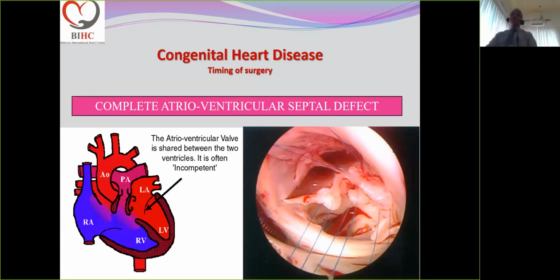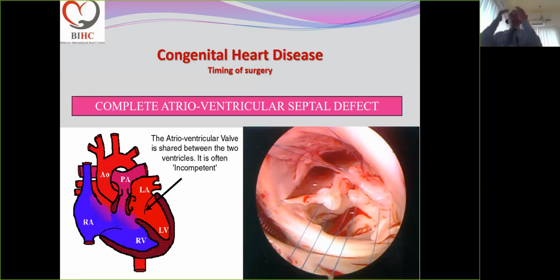If you look at these cartoons, look at this image. Here are the two ventricles. The blue area represents the right ventricle. The red area represents the left ventricle. You can see a break here. That is the VSD. And if you see above that, this is the ASD. So there is a primum ASD. There is an inlet VSD. And the two are continuous.